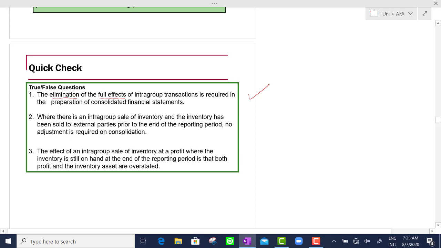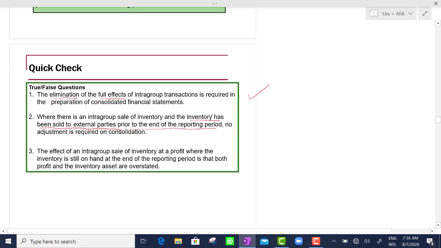Number 2, where there is an intra-group sale of inventory and the inventory has been sold to external parties prior to the end of the reporting period, no adjustment is required on consolidation. So an intercompany sale of inventory has taken place, and the inventory has been sold to external parties prior to the end of the reporting period.